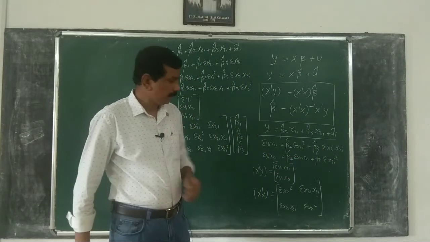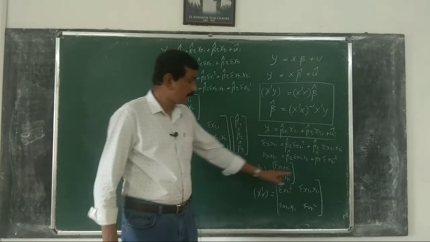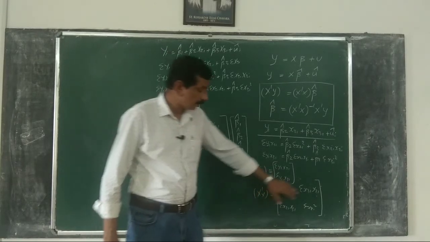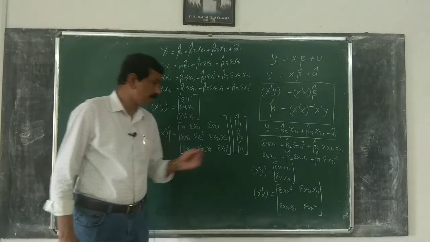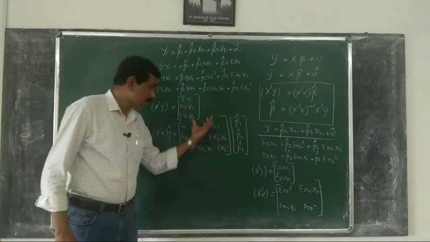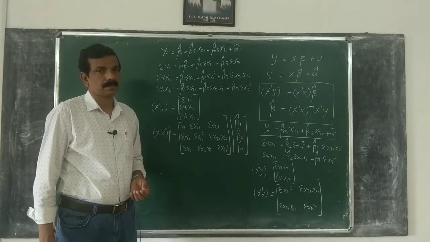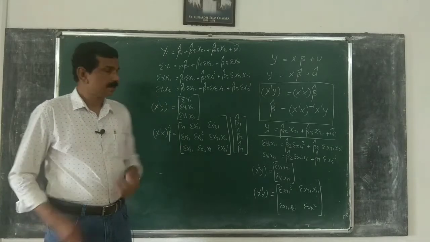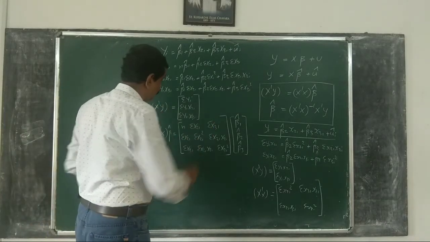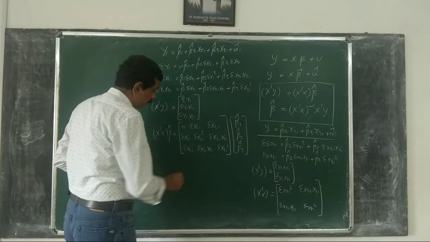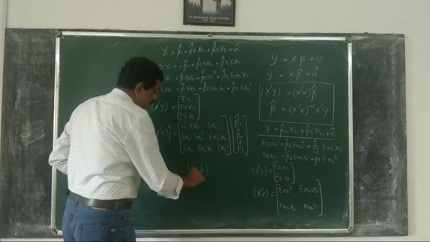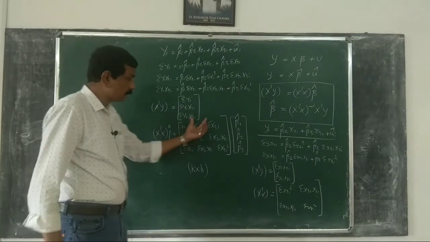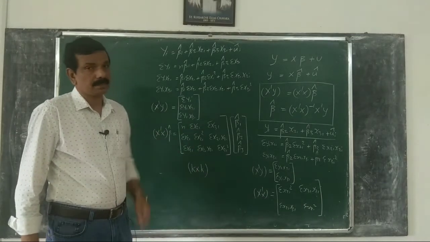Now as you can see, in the three variable model in deviation form, x transpose x is a 2 by 2 matrix. In terms of original observations on x and y, it is a 3 by 3 matrix. So if you generalize, for the general k variable model, the order of the x transpose x matrix is k by k in terms of original observations on x and y.